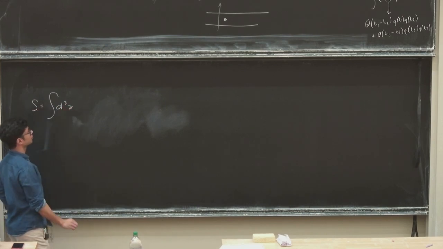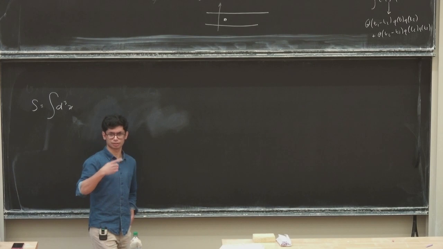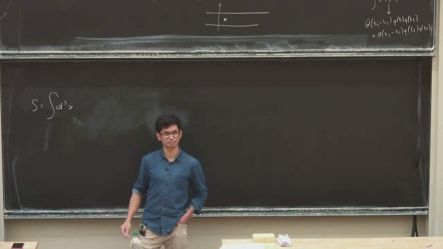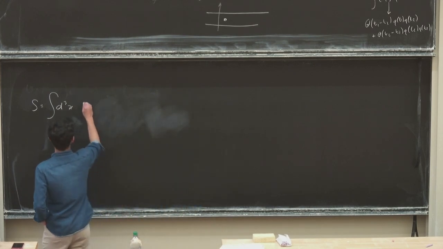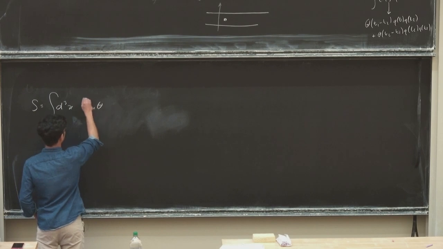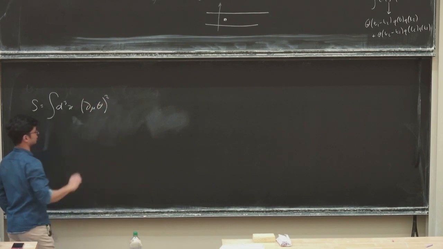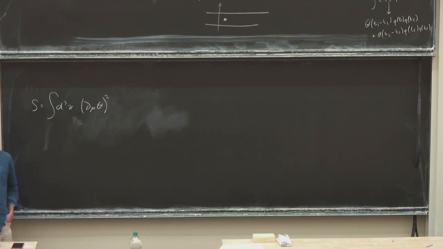I'm going to go from the scalar to the gauge field. So this is a theory with Lagrangian (∂_μ θ)². Now, this theory actually has two symmetries.